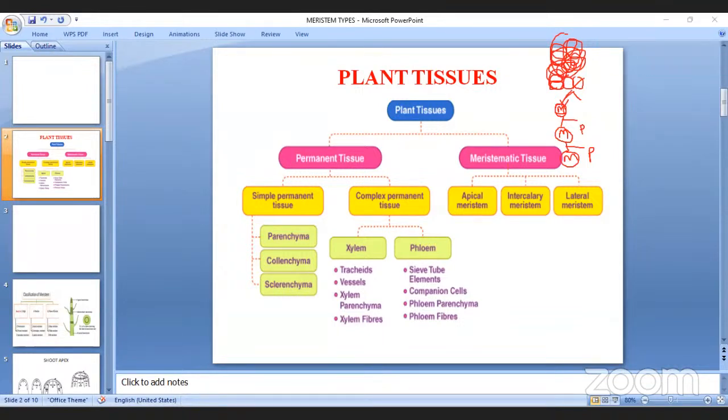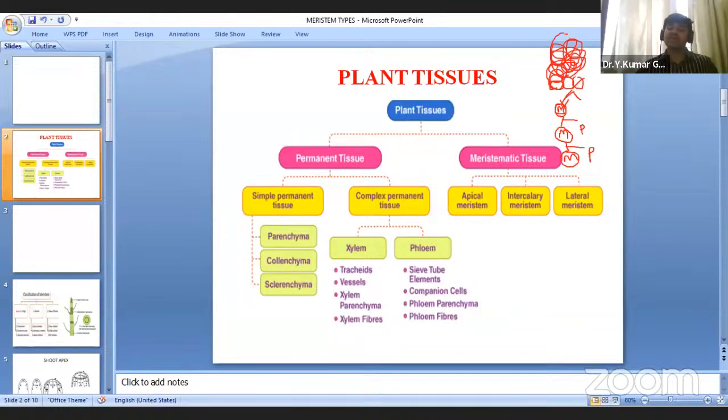The permanent cell cannot divide temporarily, but not permanently. Of course, whenever necessary, the permanent cell can also metamorphose into a meristematic cell and perform as one.